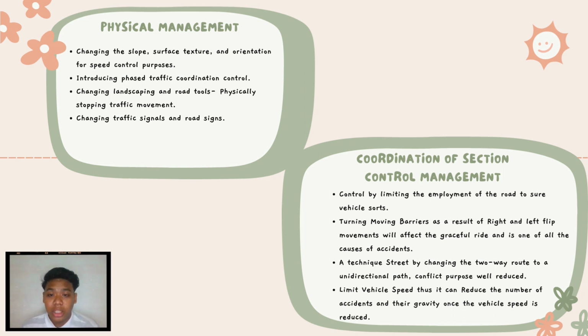Thirdly is a technique of changing the two-way road to a unidirectional path. Conflict points will be reduced. And lastly, limit vehicle speed, thus it can reduce the number of accidents and their gravity as the vehicle speed is reduced.